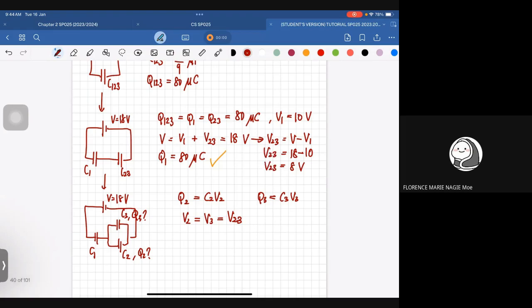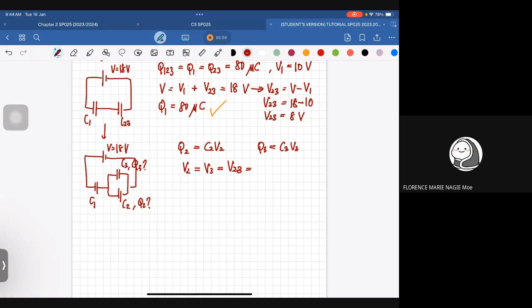Okay, so dari sini kita sudah dapat voltage across capacitor 2 and capacitor 3. So dari sini kita directly substitute Q2 is equal to C2, which is 7 darab dengan 8. So kamu akan dapat 56 microcoulomb.